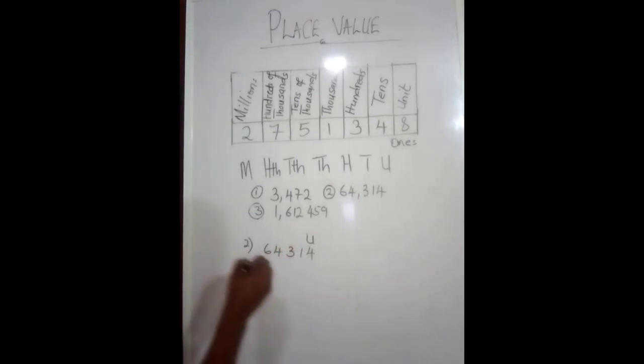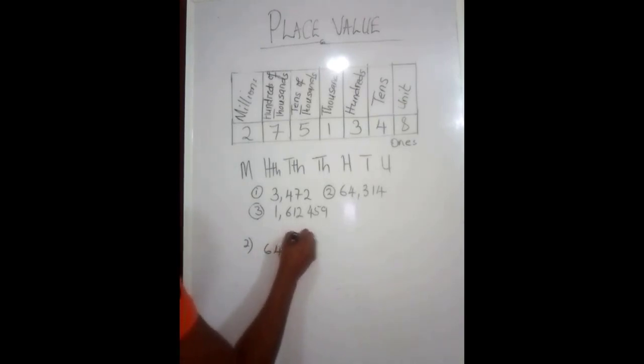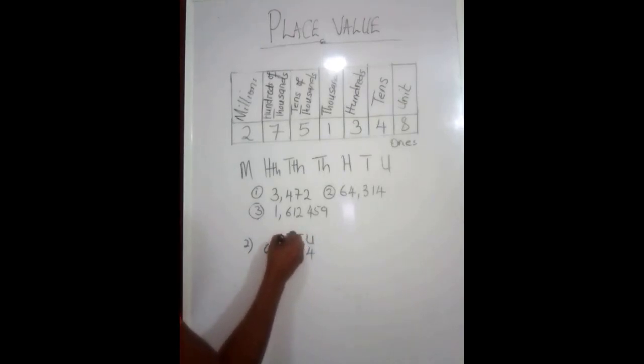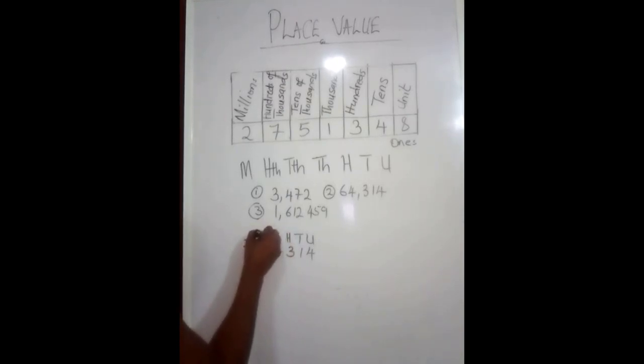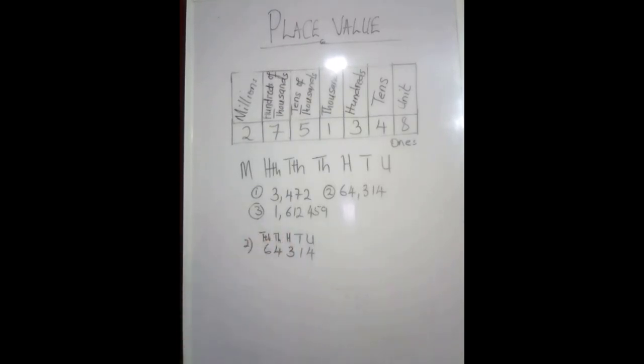So 4 here is unit, 1 is tens, 3 is hundreds, 4 is thousand, and 6 is tens of thousands. Okay, so here 6 is 6 tens of thousands, 4 is 4,000, 3 is 300, 1 is 10, and then 4 is 4 units.